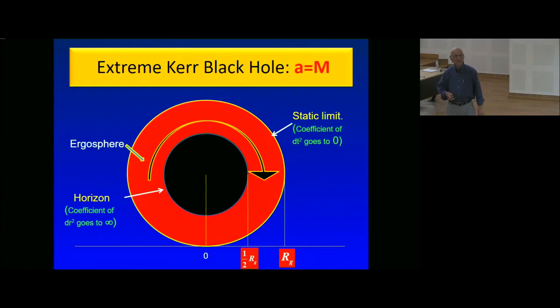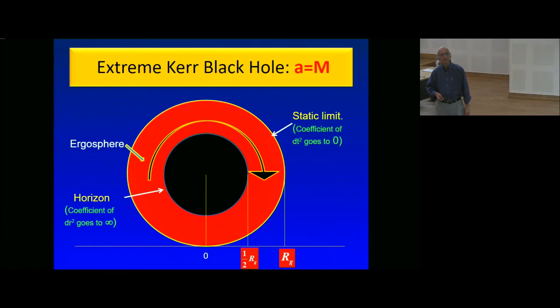This inner circle at half the gravitational radius, where the coefficient of dr squared goes to infinity, is our good old horizon. You notice that these two surfaces are not coincident like in the Schwarzschild case. The region in between is referred to as the ergosphere. And this is the direction of the spin of the black hole.